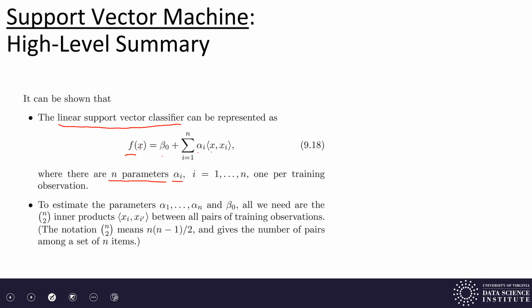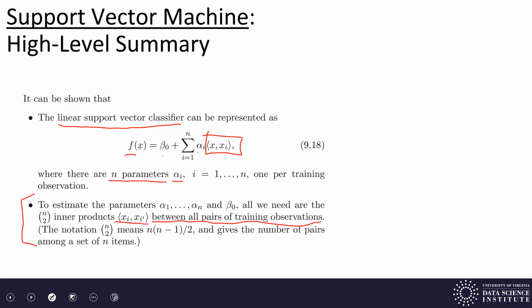The second paragraph explains how you would train this, how you would determine those alpha i's. And this is an important thing: all you need are the inner products between all pairs of training observations. In some sense, this is built on looking at the distance between all pairs of training observations, computed using this inner product.